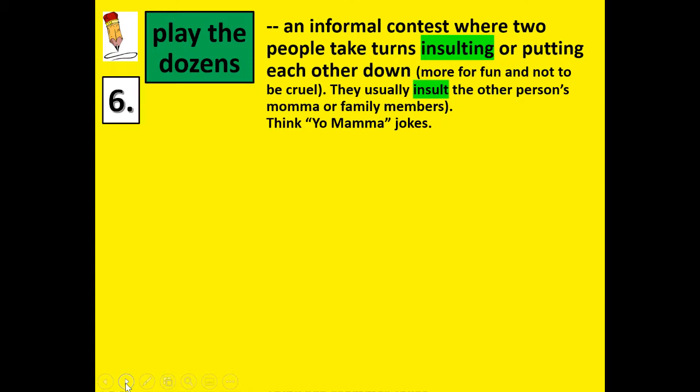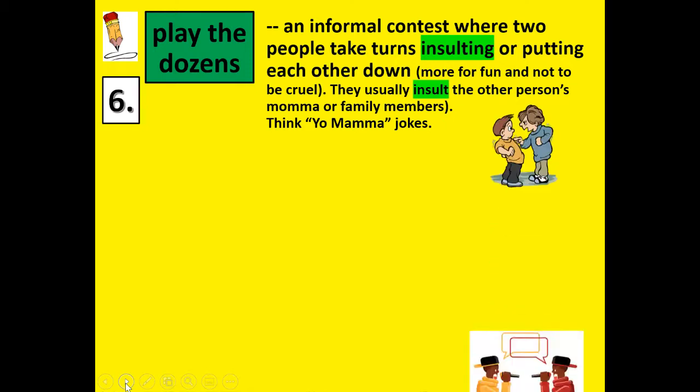So write play the dozens. To play the dozens means you are insulting another person. It's kind of like an informal contest where two people take turns putting each other down, more for fun and not to be cruel.